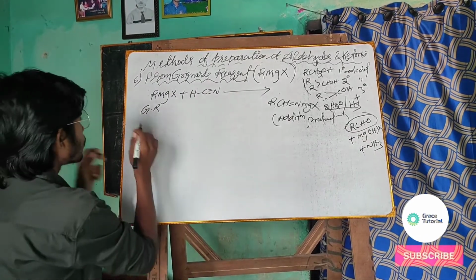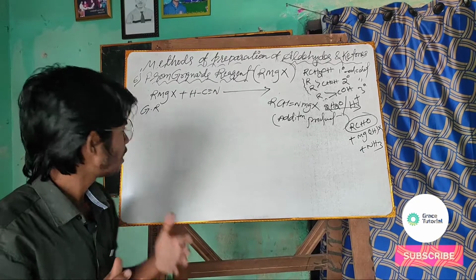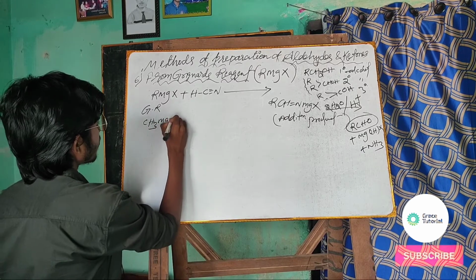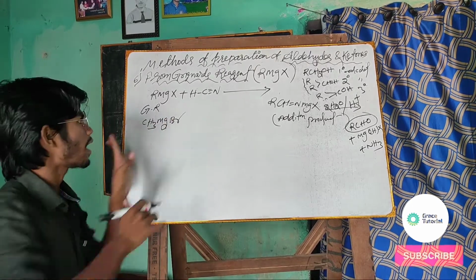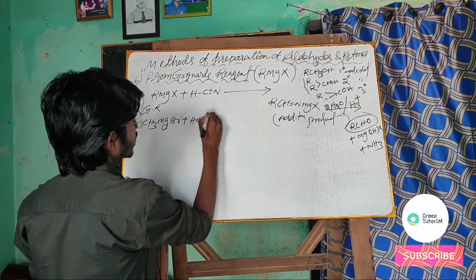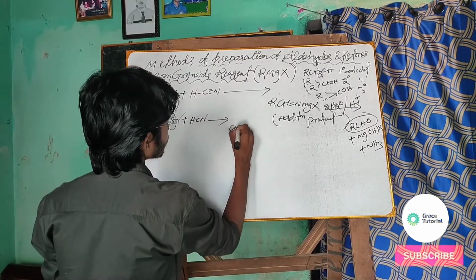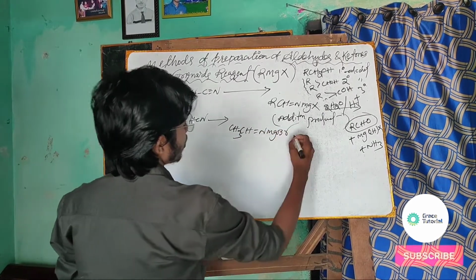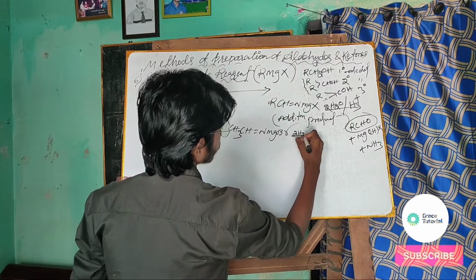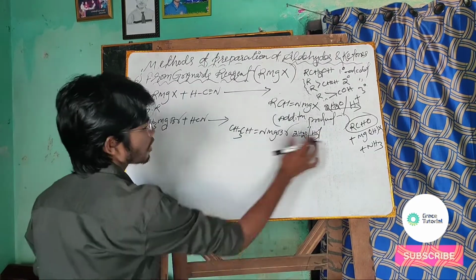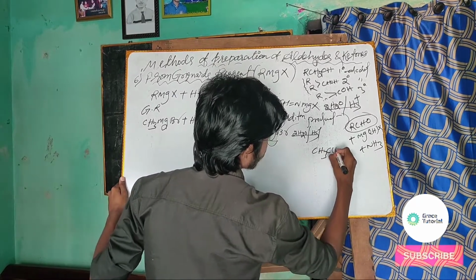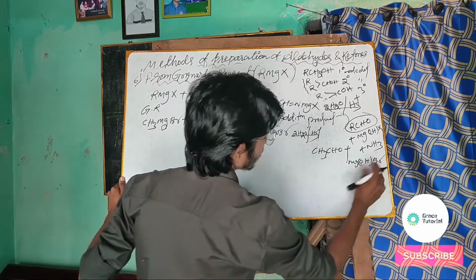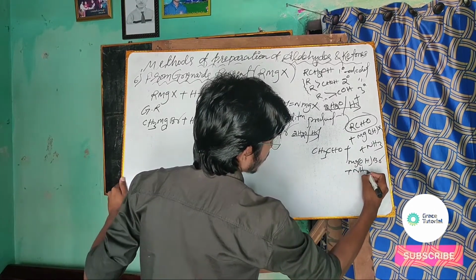Let me give you a specific example, a very brief understanding. Suppose we have CH3MgBr, that is methyl magnesium bromide. When this methyl magnesium bromide reacts with hydrocyanic acid, it gives first of all the addition product, CH3CH=NMgBr, followed by acidic hydrolysis. It gives CH3CHO, acetaldehyde, along with Mg(OH)Br, magnesium hydroxy bromide, and an ammonia molecule.